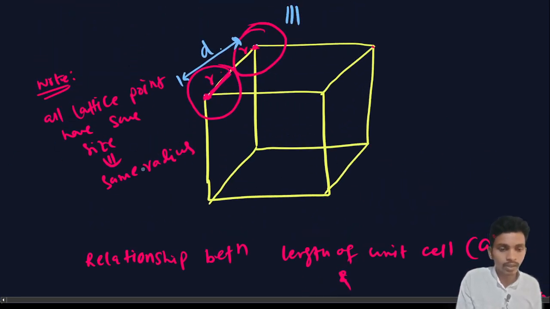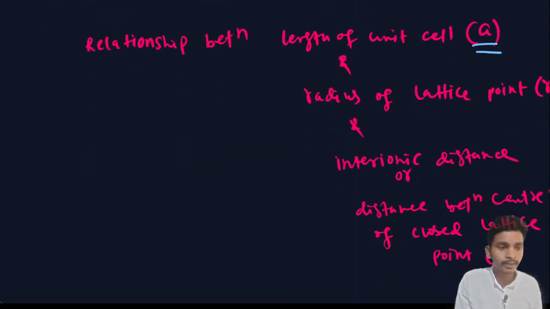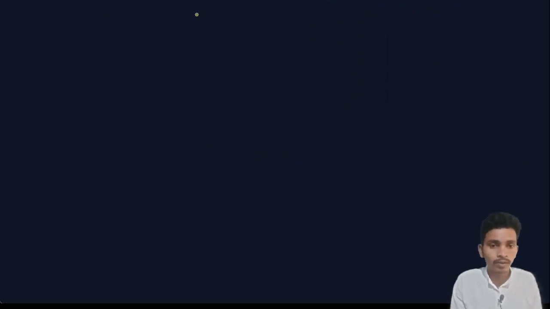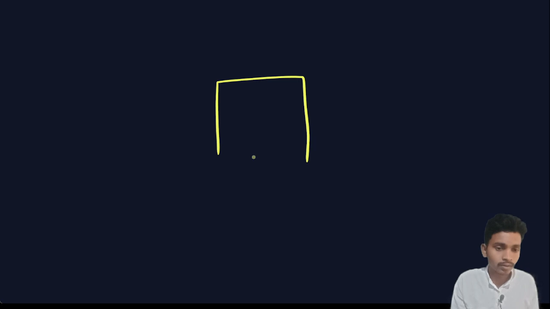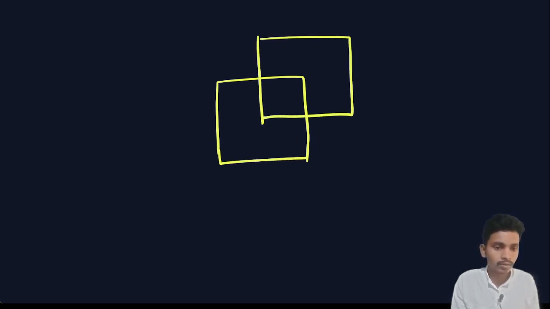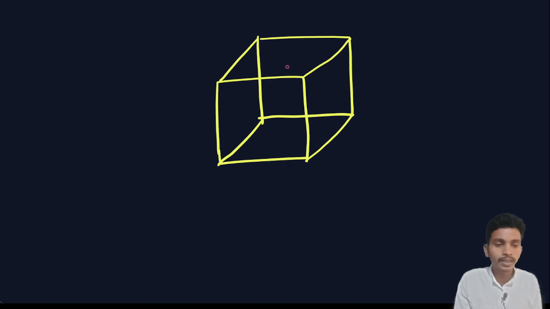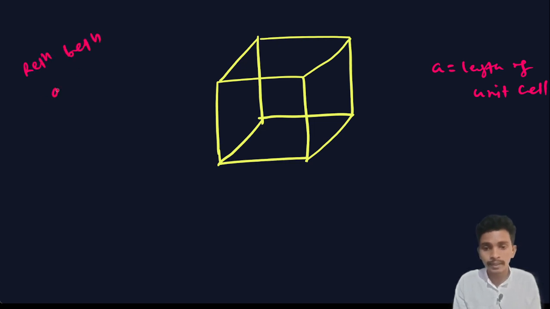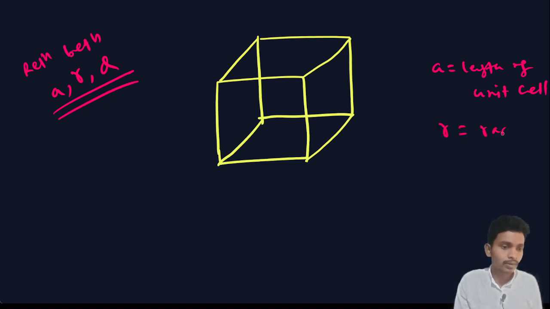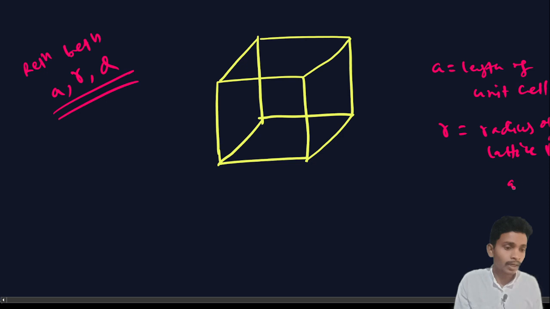So now we'll calculate the relationship between A, R and D. Okay, so now I will draw another picture. Here A is the length of the unit cell, and we are calculating the relationship between A and R and D. R is the radius of lattice points, which are sometimes called atoms or ions.